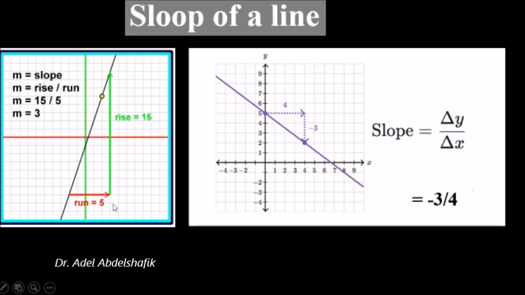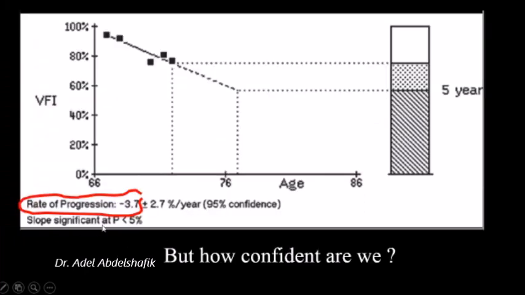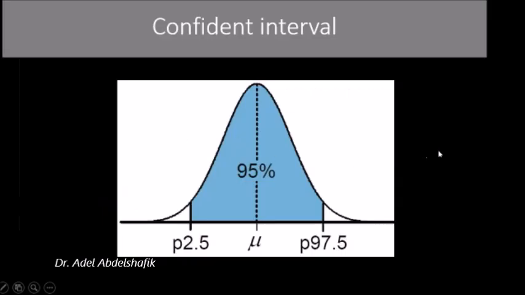So this is the slope. In this example, it is 15 divided by 3. So this is the value written here. The slope is going down, so it's minus, and the rate of the drop is 3.7.